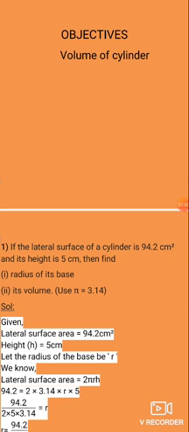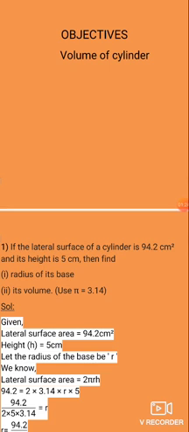Now the given condition: lateral surface area is equal to 94.2 centimeter square and height is equal to 5 centimeter. Let us take the radius as r. Now we know the equation of lateral surface area of the cylinder. What is that? Yes, 2 pi rh.